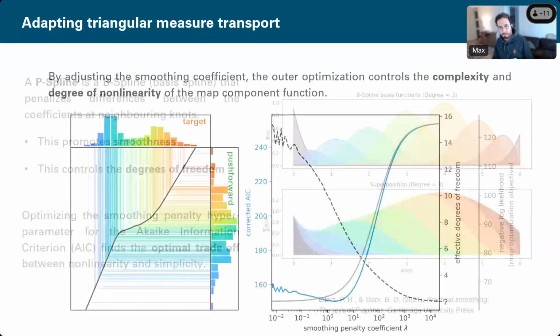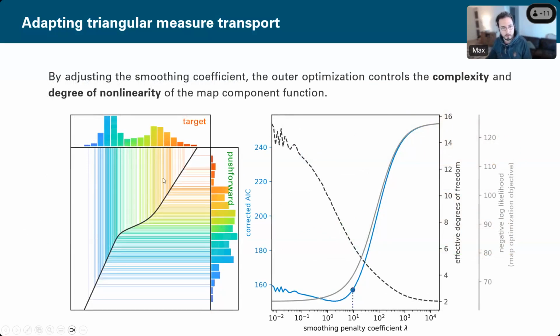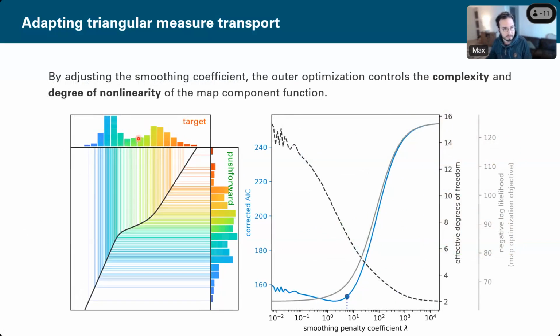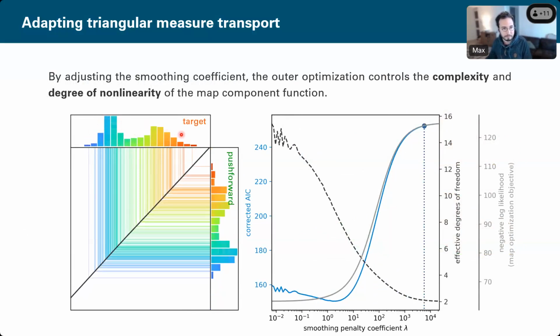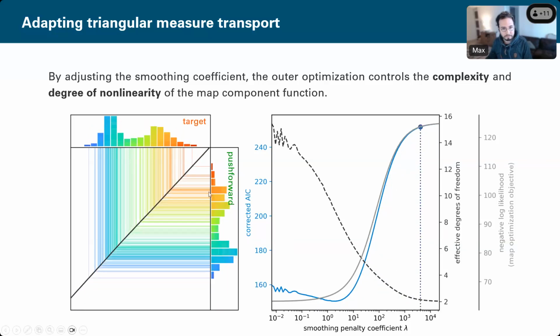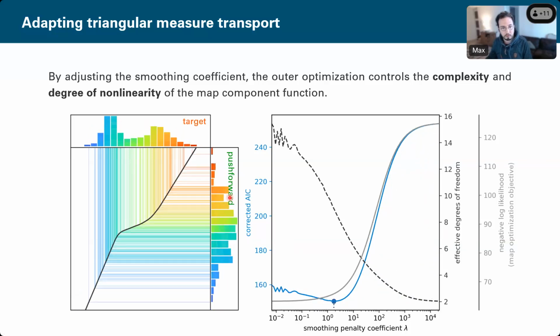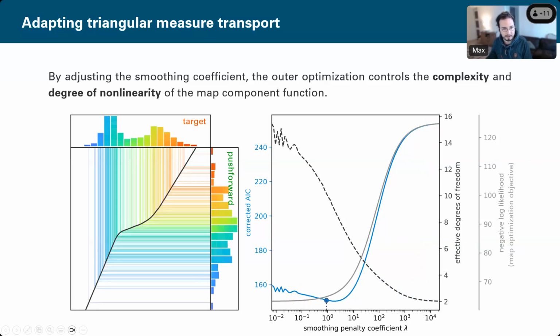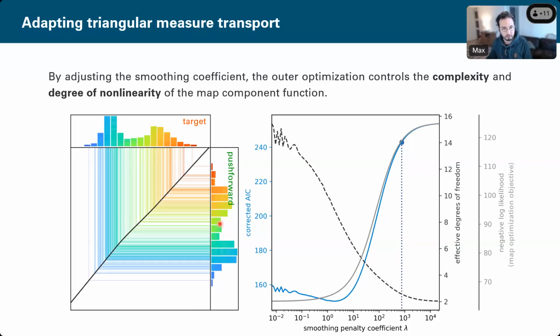This would look something like this, where you see here on the left side a one-dimensional map component function. Here's our target distribution in 1D, so it's clearly something bimodal. And in black here, you see the triangular map in 1D, and here you see the output, which should be standard Gaussian. So we see that if the smoothing penalty is low, the map can be very nonlinear, and the outcome is very close to Gaussian.